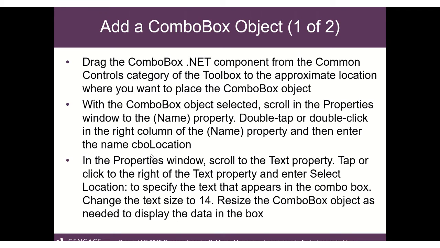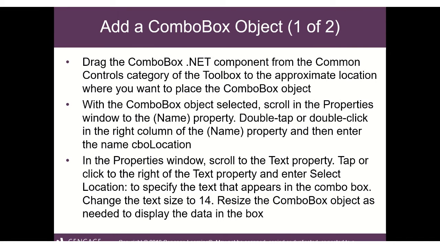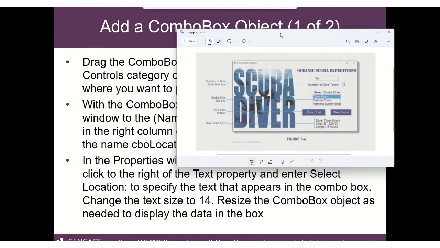So then you will add a combo box object. When I say you will add a combo box object, you are planning about something like this. Let me show you a quick screenshot. You will see something like this.